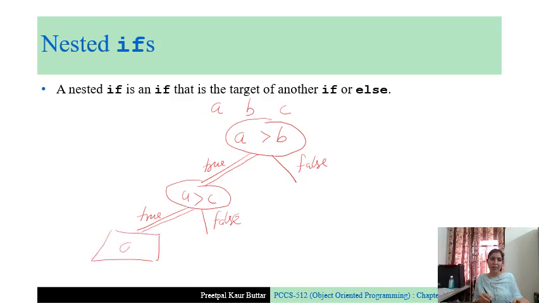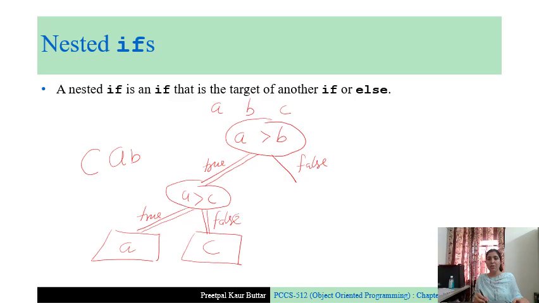It means that A is greatest. And if this condition is false, that is, we are moving along this path, then A is greater than B, but A is not greater than C, that is C is greater than A, then we can say C is greatest, right? This was the path which we took when A was greater than B.